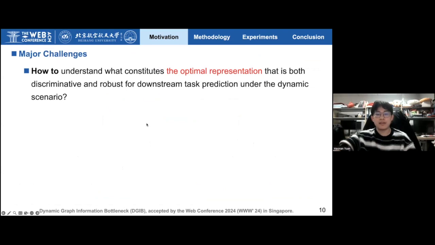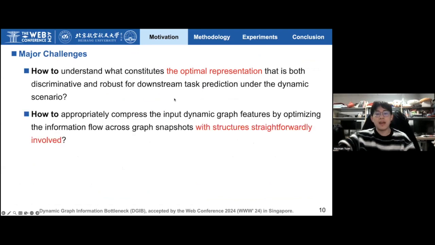The first is how to understand what constitutes the optimal representation that is both discriminative and robust for downstream task prediction under the dynamic scenario, and how to appropriately compress the input features by optimizing the information flow across graph snapshots with structures straightforwardly involved.